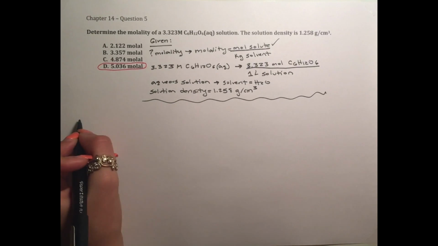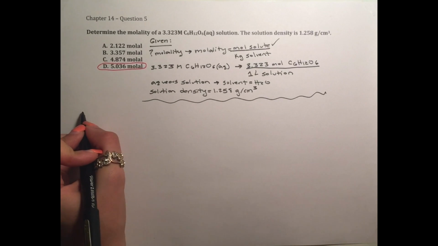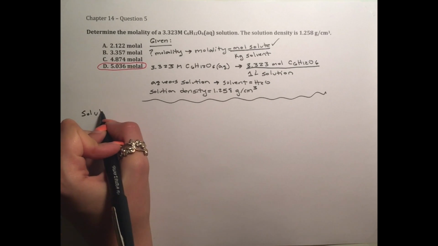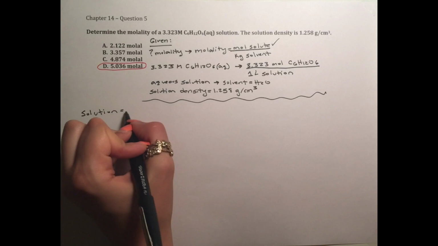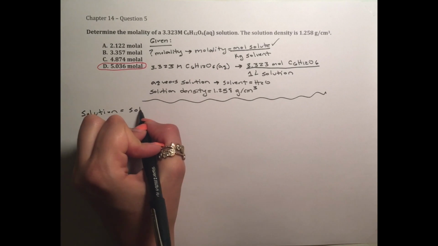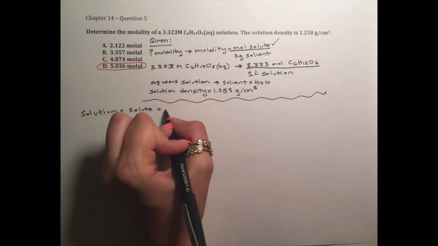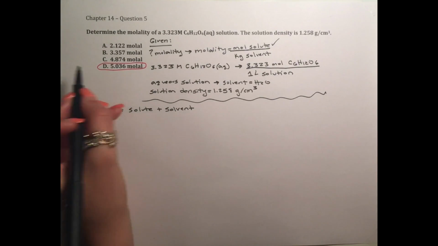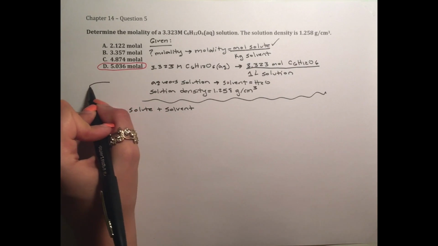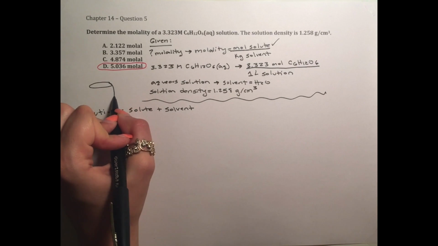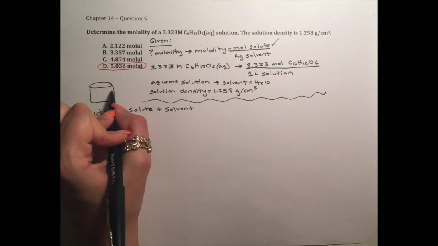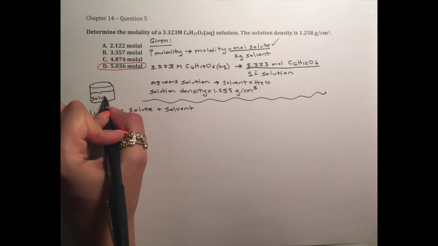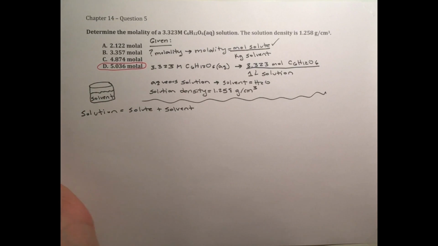So the way we can do this is by saying that solution is equal to solute plus solvent. In order for this to be clear, I'm just going to draw it out. Here we have some kind of container filled with a liquid, and that liquid is our solvent.